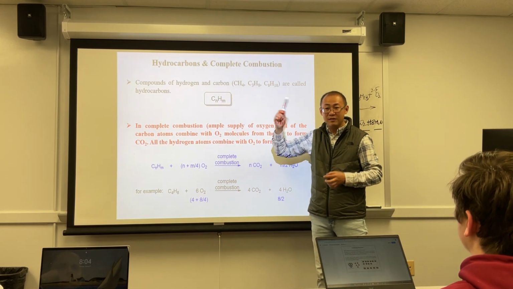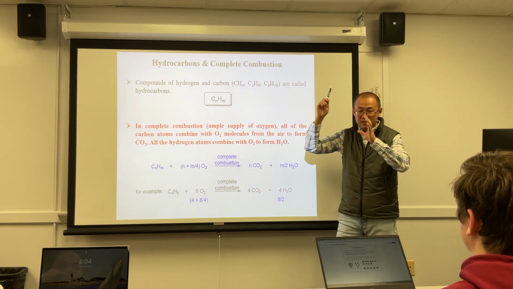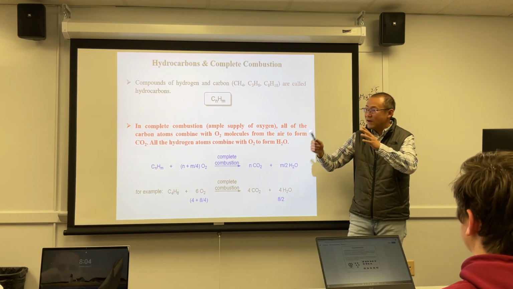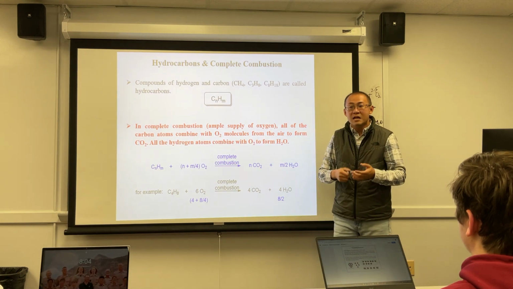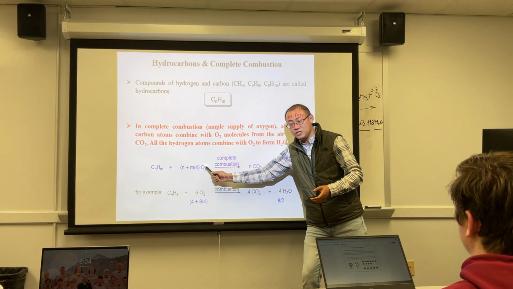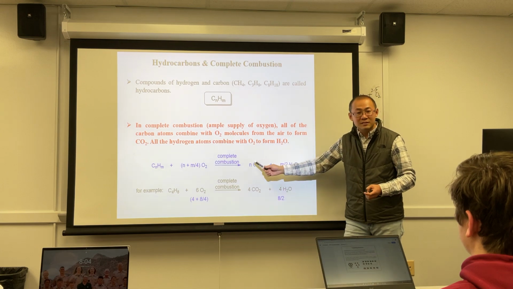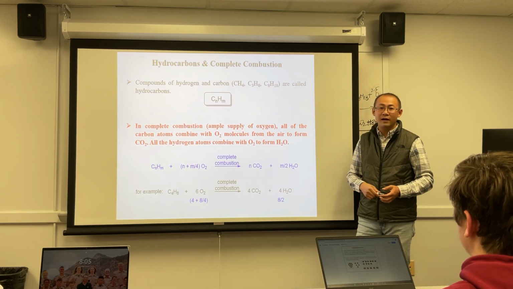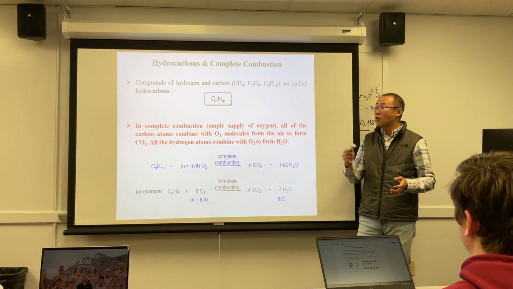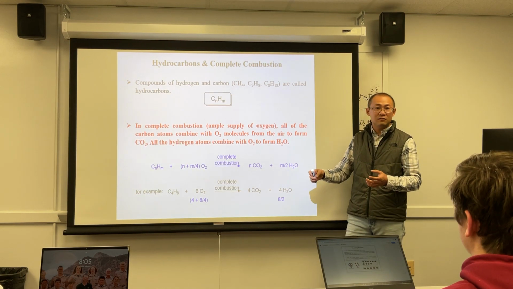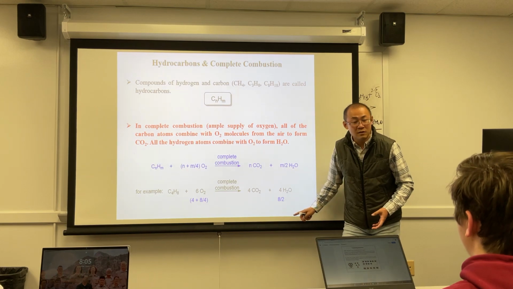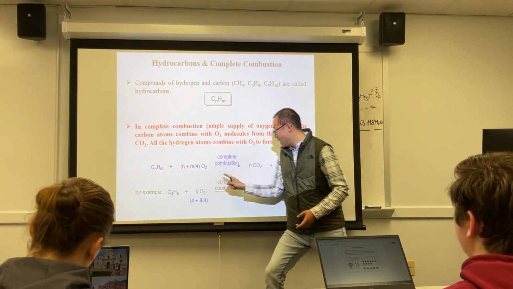That will always be the products for complete combustion of hydrocarbon. So no matter what I gave you, C something, H something, if I tell you complete combustion, then you know it will react with the oxygen to give you CO2 and H2O, water. Always the case. The only thing you need is to balance it. How many C here?